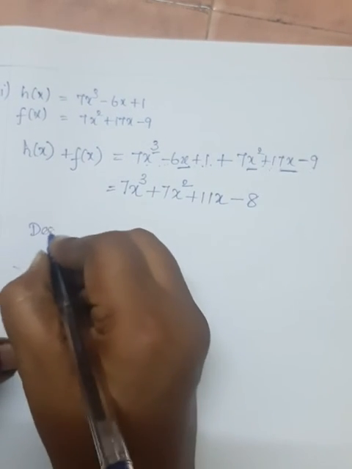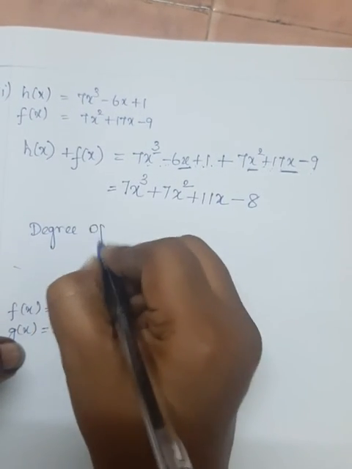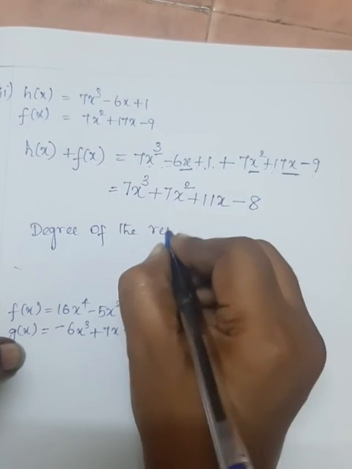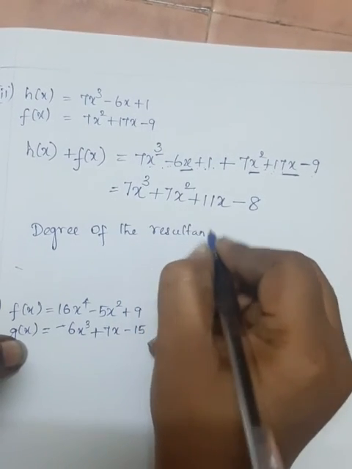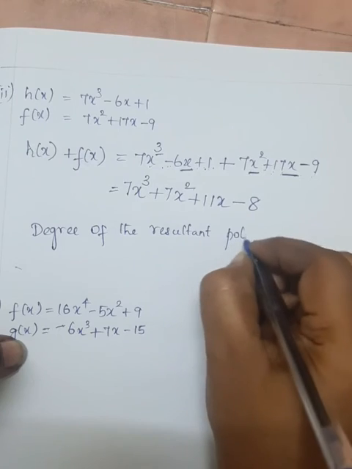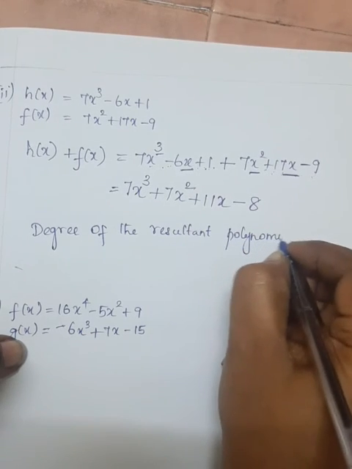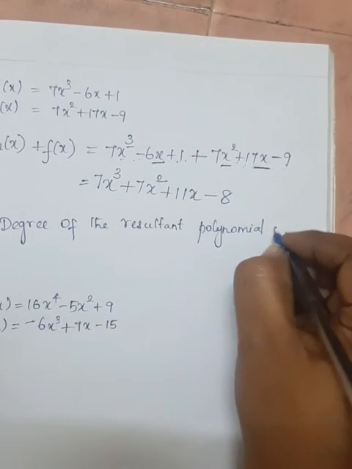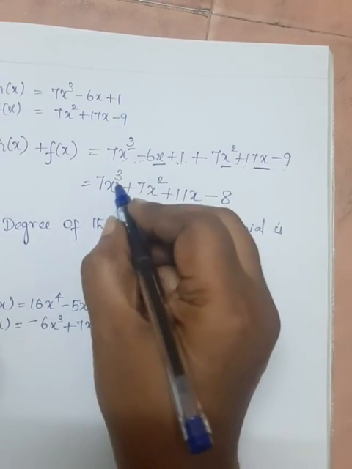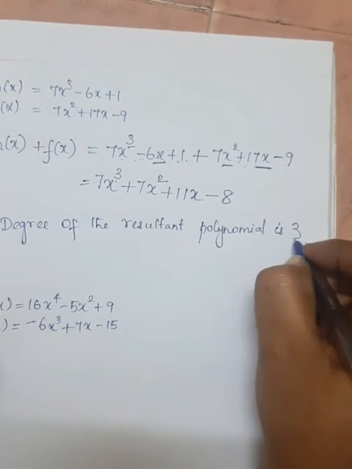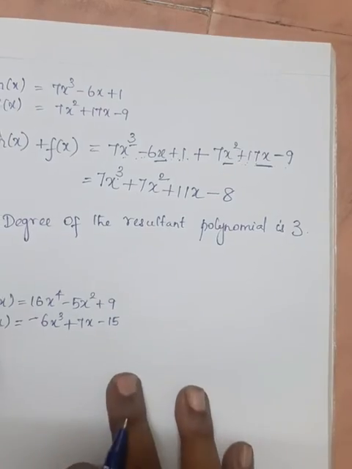Now we want to find the degree of the resultant polynomial. What is the degree of the resultant polynomial? The highest power is 3. So the degree of the resultant polynomial is 3.